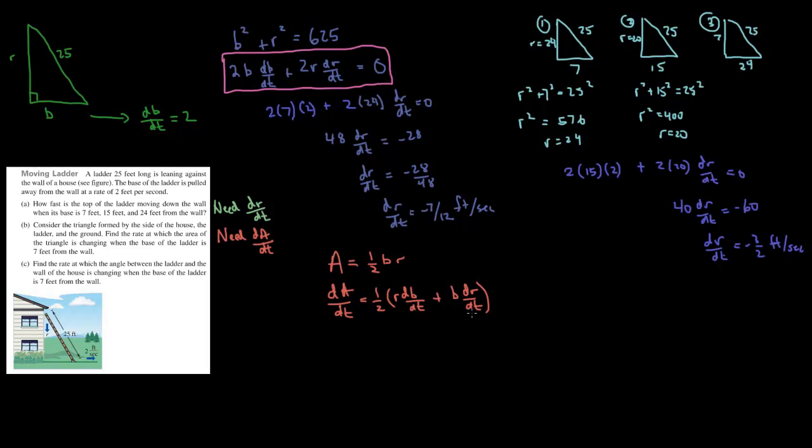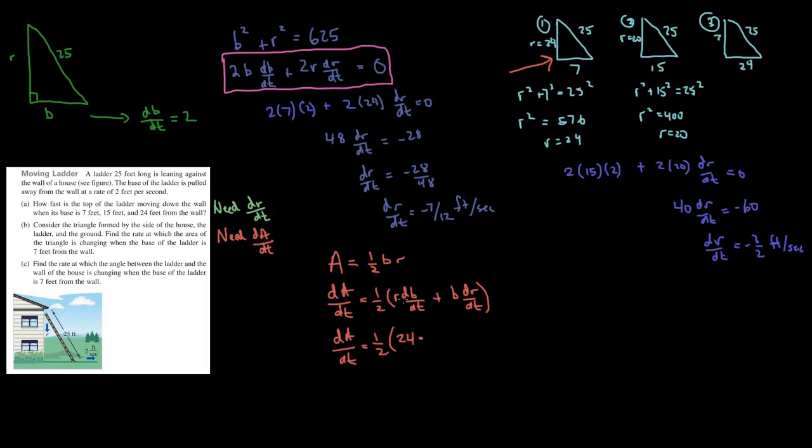So here is our implicit derivative. Now we should be able to plug in a bunch of stuff that we already know and solve for dA dt. So let's see here. dA dt is 1/2. Now what's r in this case? We're told that the base of the ladder is 7 feet away from the wall. So we've already found the situation when the base is 7 feet away from the wall. Here's that situation right there. So in that situation, we found that r was 24. Now what's dB dt?